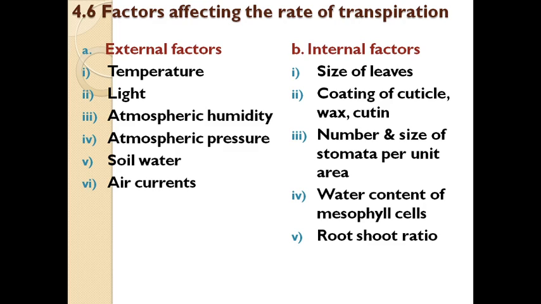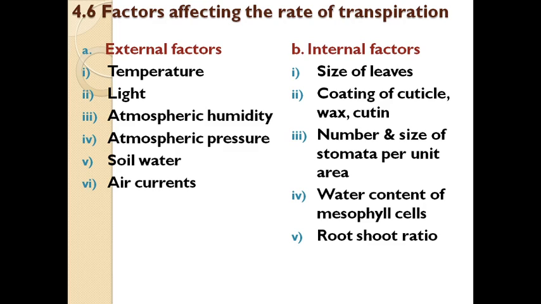Then the last internal factor is root to shoot ratio. The rate of transpiration also increases with increasing root shoot ratio. So sorghum, in Marathi we call it jawar, has a more extensive root system than that of the corn plant.